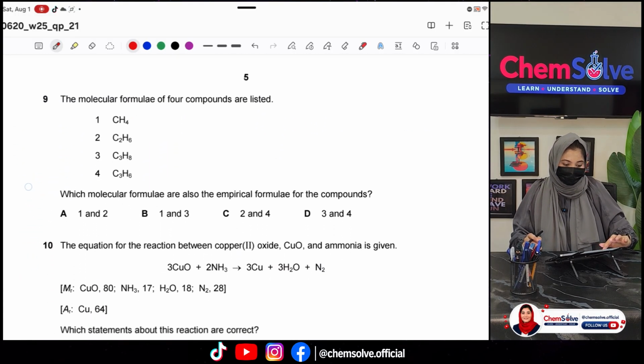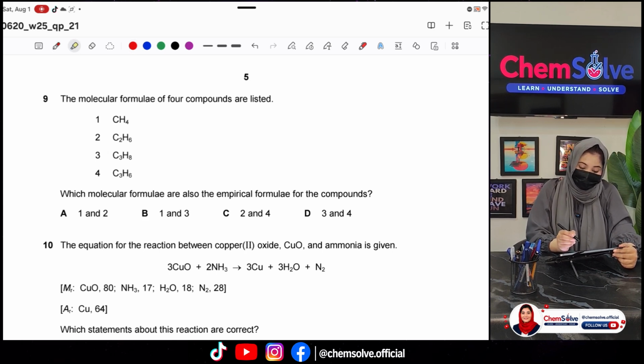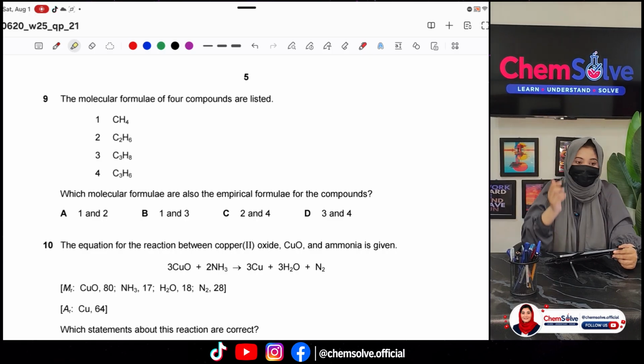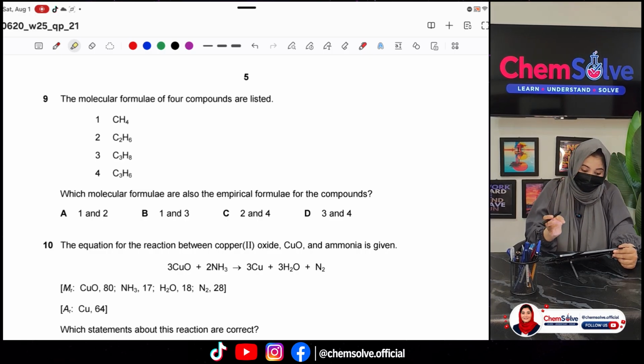So now look at question number 9. The molecular formulas of the 4 compounds are listed. Which molecular formulas are also the empirical formulas for the compound? Okay, so CH4 is already the simplest one. No need to convert it into a simpler one.